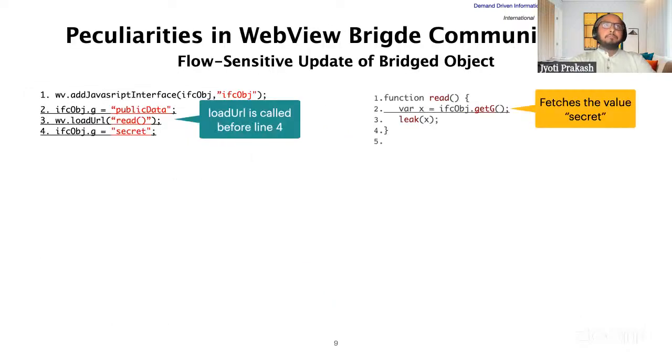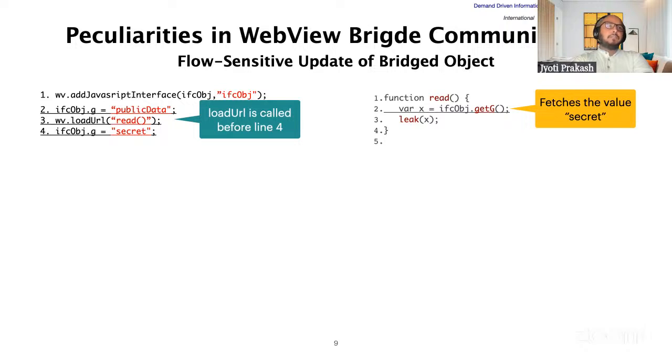Now, what are the peculiarities of communication that happen because of the asynchronous nature of the Android and web components? In this program, we add a JavaScript interface, and in line number 2, we define a public data which is stored in a field called G. Then at line number 3, it calls the loadUrl function, which enables the web communication and calls the JavaScript method read.